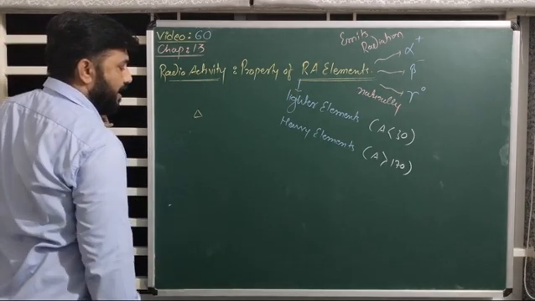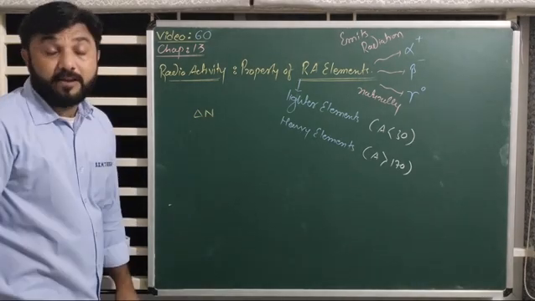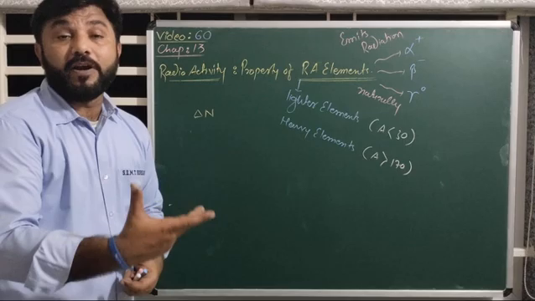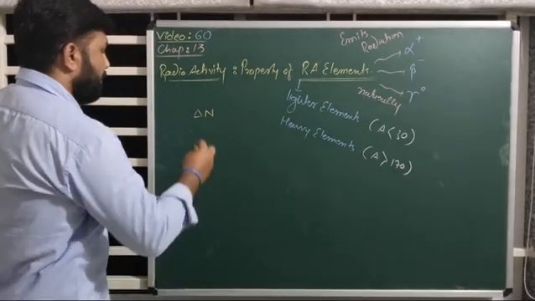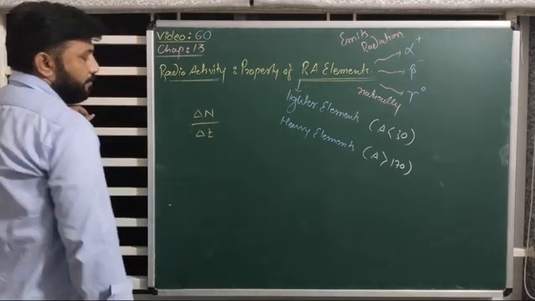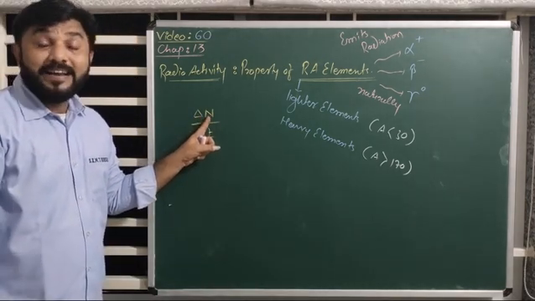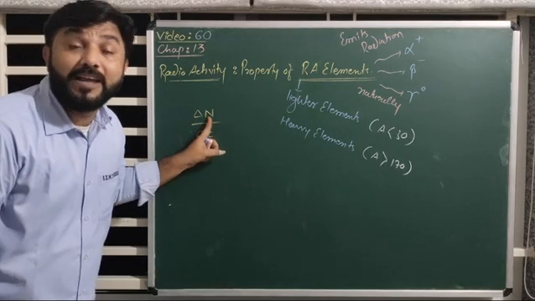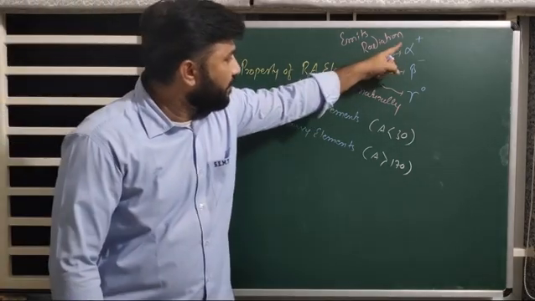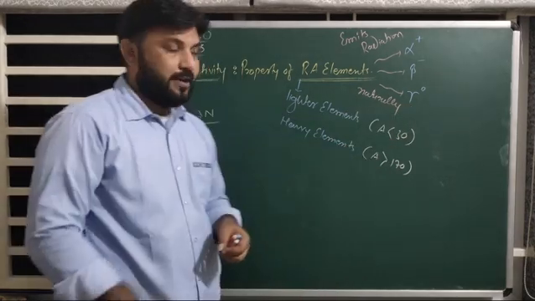The change in the total number of nuclei with respect to time. Got it? The total number of disintegrations of nuclei because of this alpha, beta and gamma emission. Disintegration means decay.